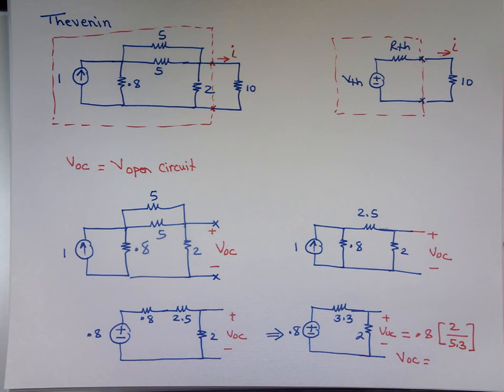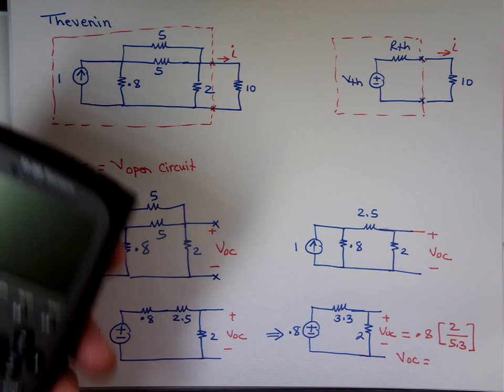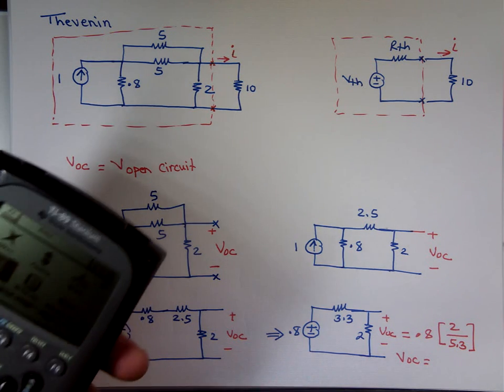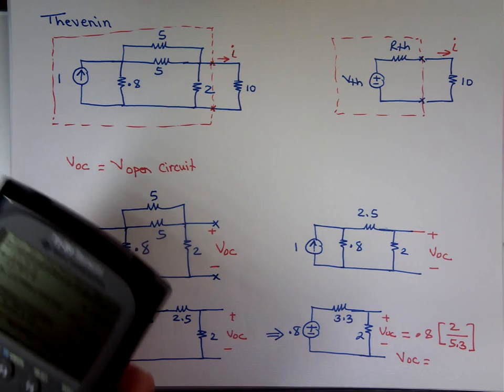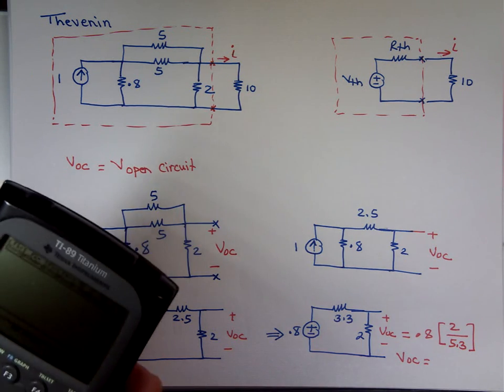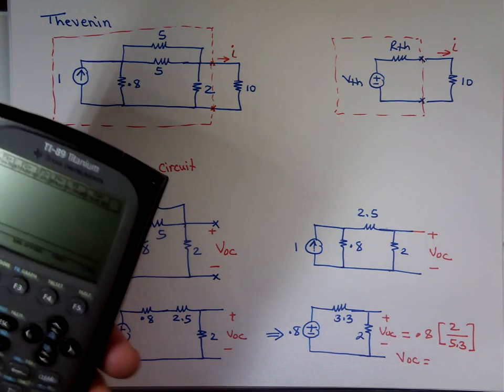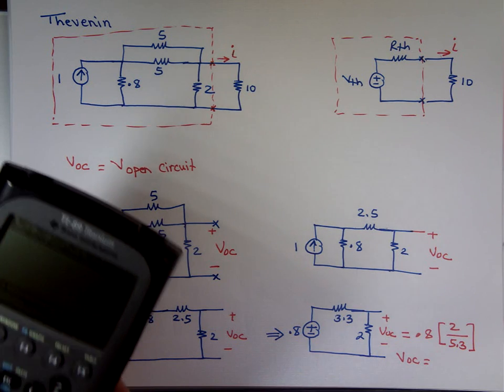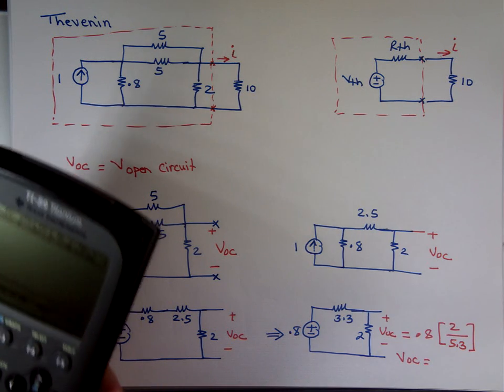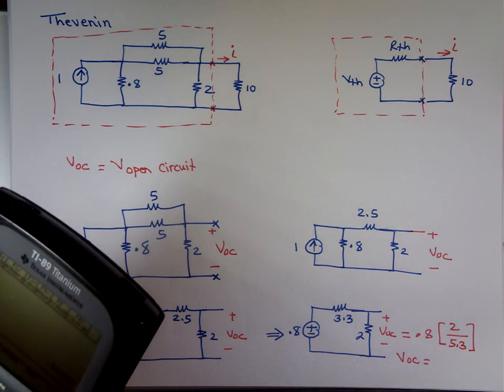There's my calculator. 1.6 divided by 5.3 equals 0.30.